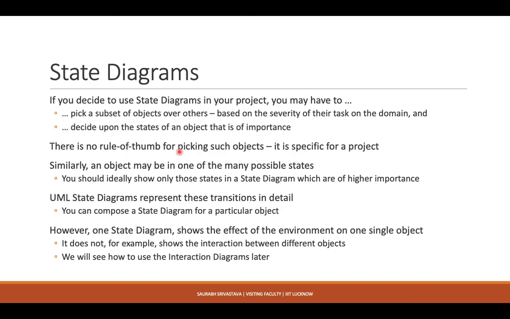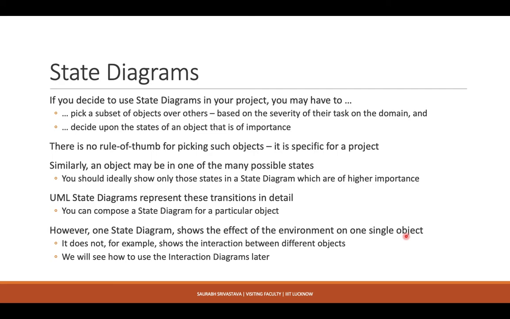So anyhow, this is what the state diagram is. State diagrams show the effect of the environment on one single object at a time. The class diagrams basically showed how the system looks like when you're designing it. The state diagrams, let us say, you have to prepare one for each object. These state diagrams show in isolation, by the way.